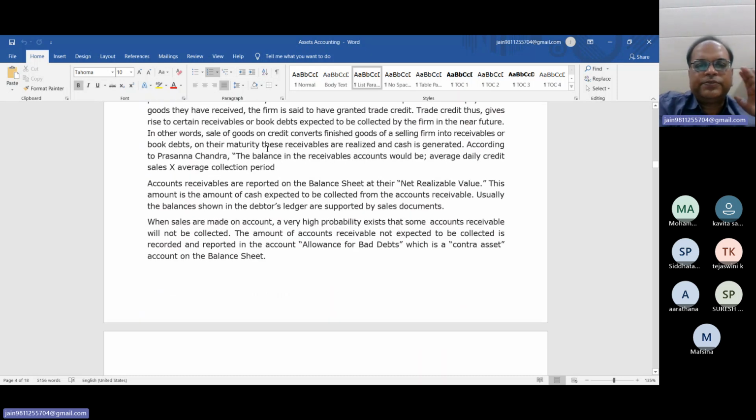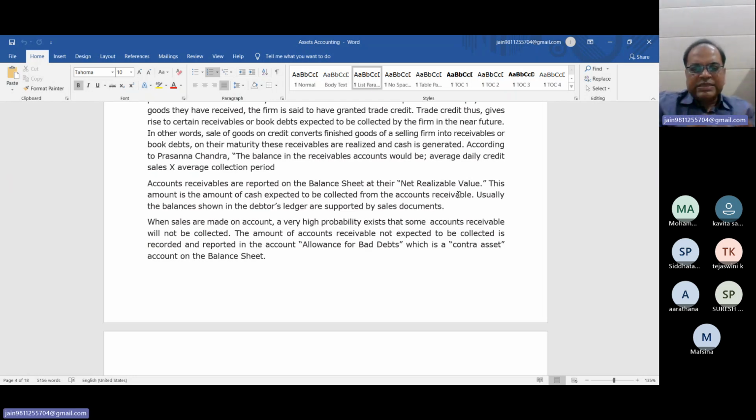In other words, account receivable are reported in the balance sheet at their net realizable value. It may be that you have completed the chapter on financial statements, the balance sheet and profit and loss account. Suppose in the trial balance, debtor is given, account receivable is given, or bills receivable is given, all are the same.